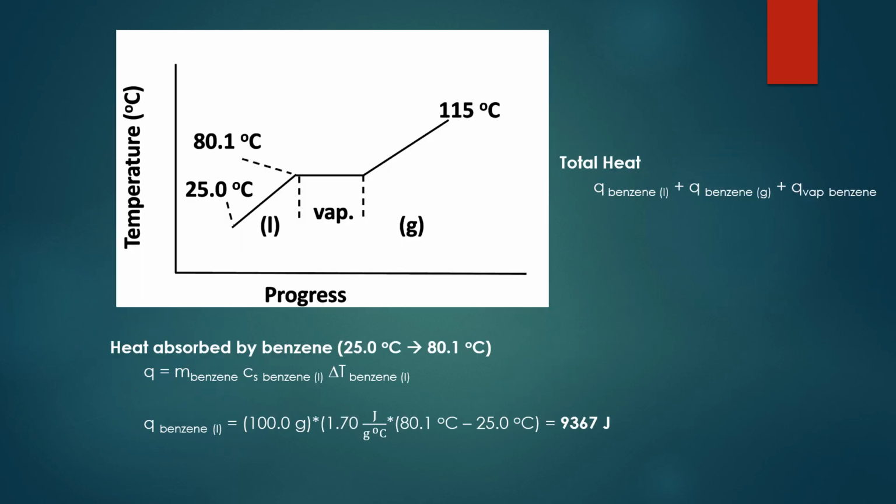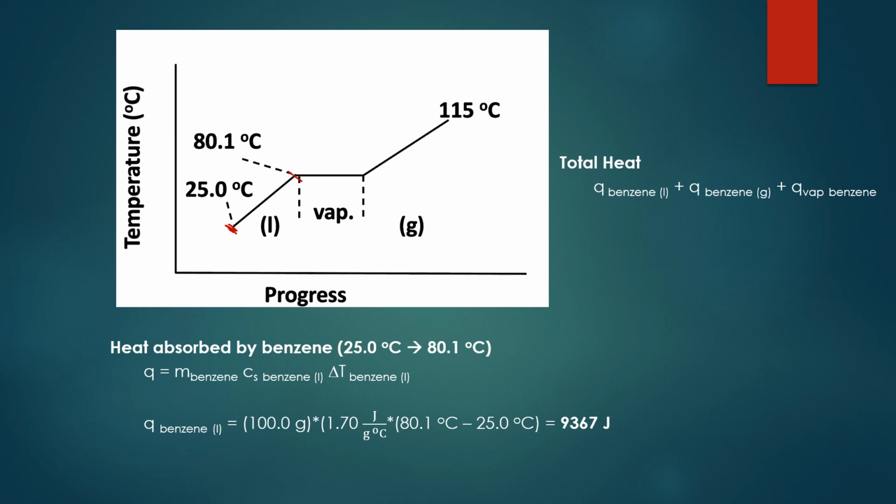So based off of the values given to us in the question itself, this is approximately what your diagram should look like. So you'll notice that there are going to be 3 different steps. So there's one step here, starting at 25 degrees and going up to 80.1.